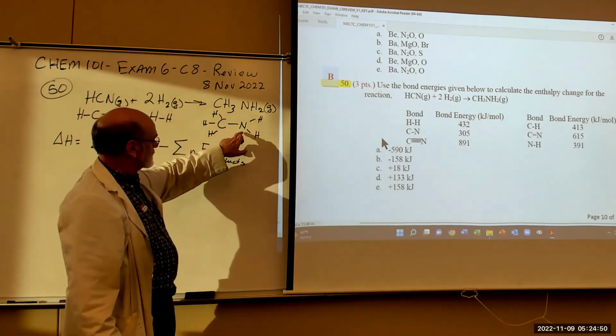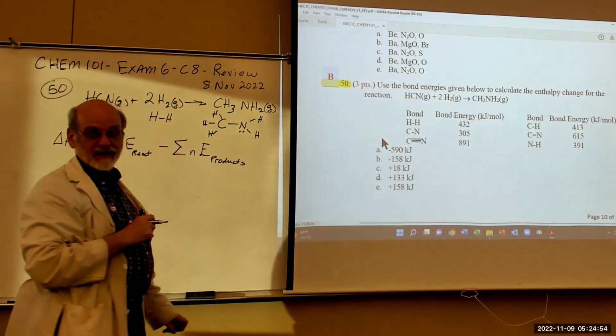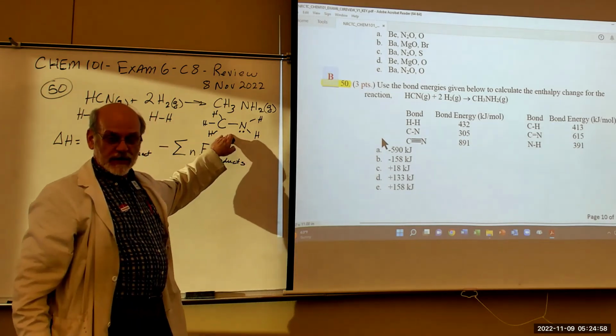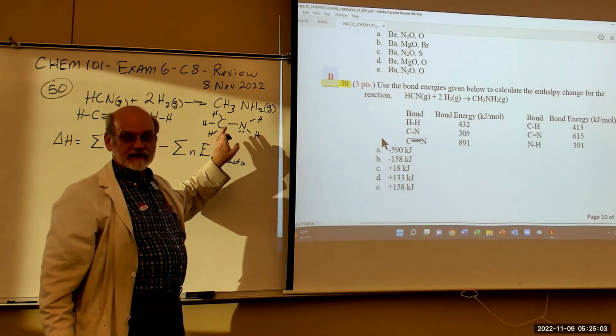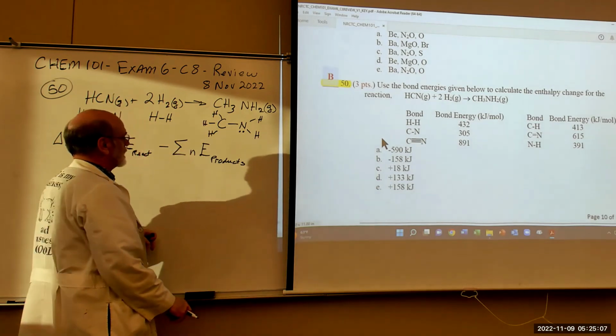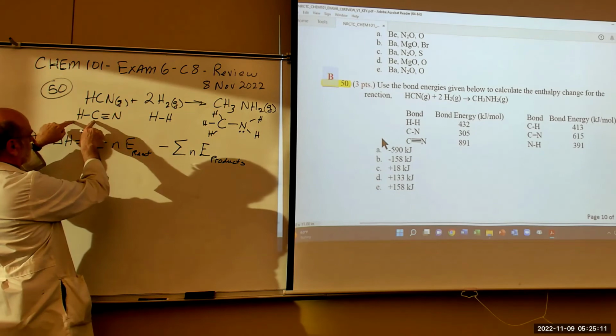That gives this an octet, and that has an octet too. Now, in order to prove this one, you'll have to draw the Lewis dot structure. Right? I already know it, so I'm not going to take time to draw the structure to prove the structure. That's it.